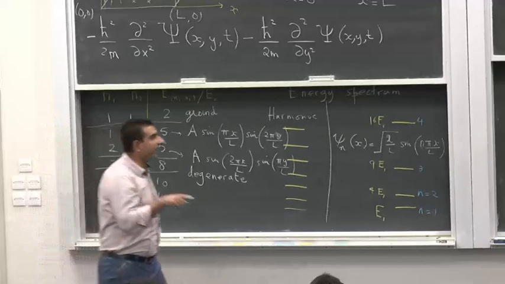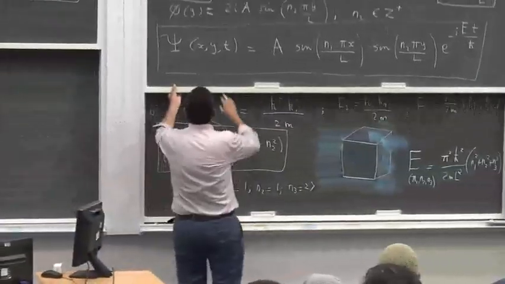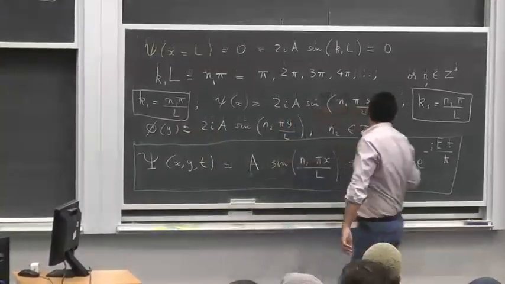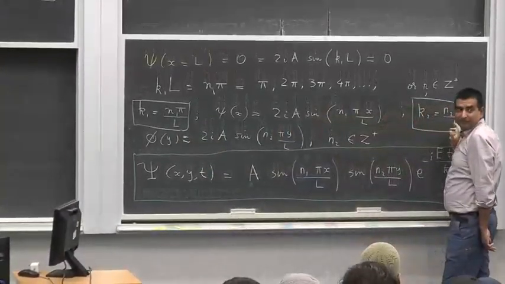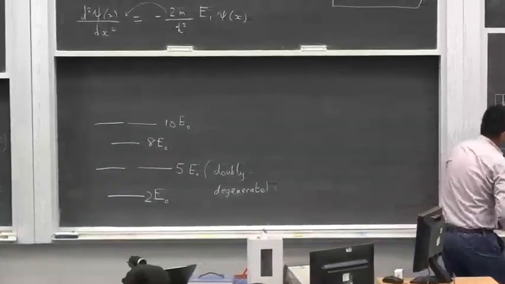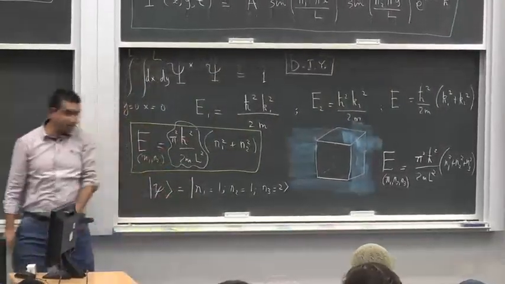The values of L. What's going to change is, here we would have L1, the L along the x-axis. Here we're going to have L2. So the energy structure, this energy is now going to change. How is it going to change?